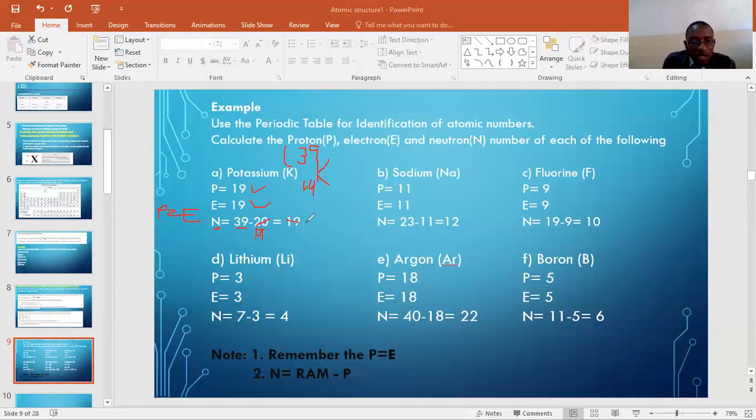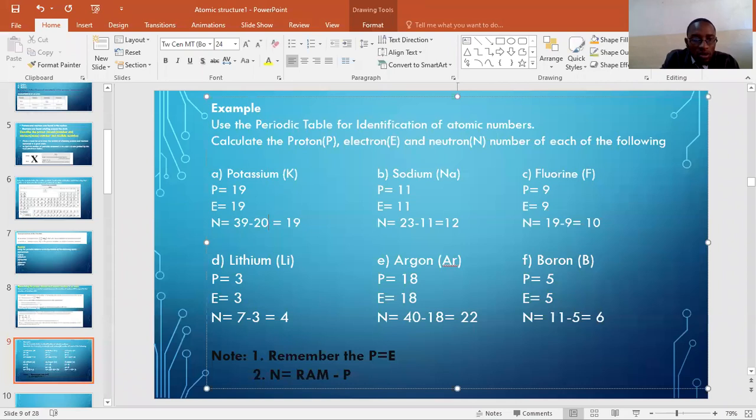And then you get 20 as the neutron number. So here it's supposed to be 19, and then we get 20 there.